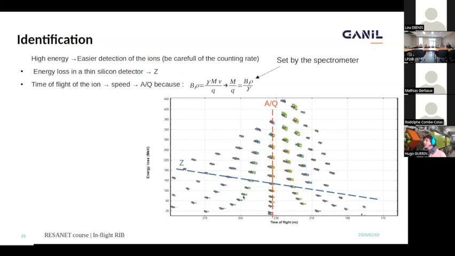These curved lines are for the same Tz, isospin. And this line here is for ions which have the same Z, the same element. So with this identification matrix, you are able to know which ions you have in your beam.